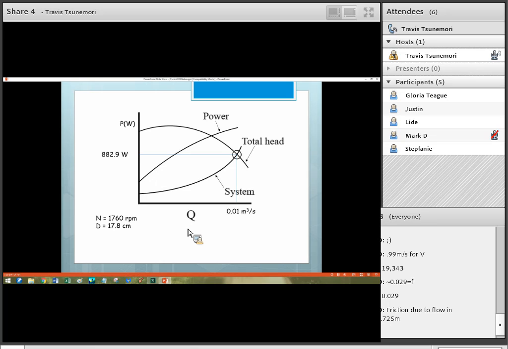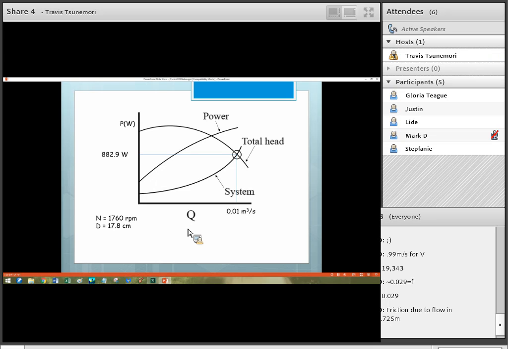Size of pump that is geometrically similar to the pump given in the performance curve below, which I don't see, for the same system. Find D and N to achieve a volumetric flow rate of 0.005 meters cubed per second against a head of 19.8 meters. Okay, so there's the pump performance curve.